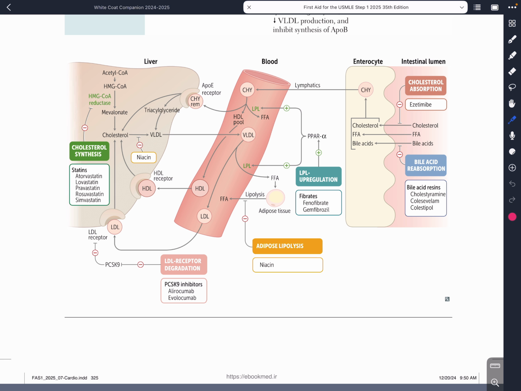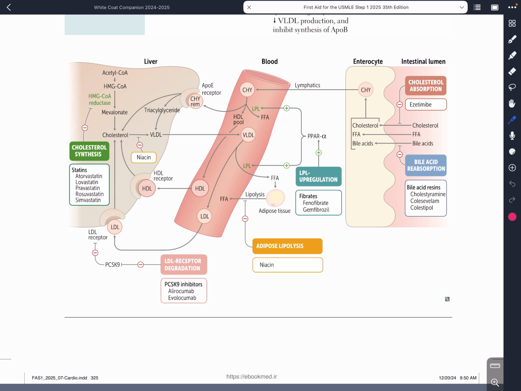PCSK9 inhibitors act on the LDL receptor. PCSK9 doesn't allow the LDL receptor to degrade, so LDL receptors don't die. They keep the LDL receptor alive, and so the LDL receptor does the job of lowering cholesterol.